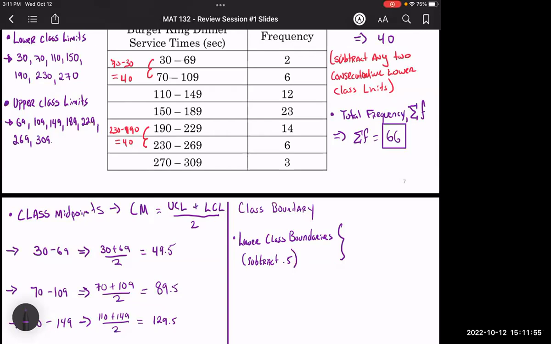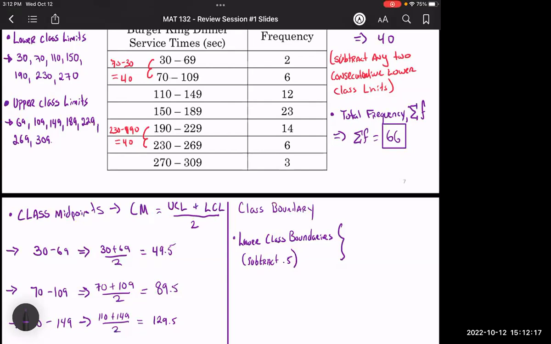I'll do this one on the board. If you had 30.8, you have to subtract 0.05, not 0.5. It's always one more decimal than the number of decimals that appears in the original data set. But if it's whole numbers, just simply subtract 0.5.